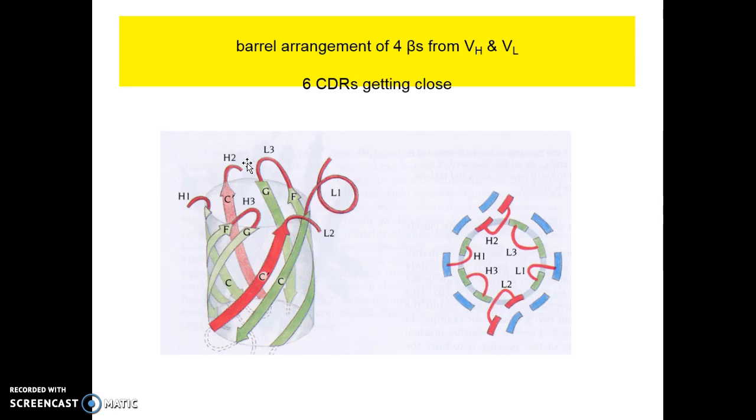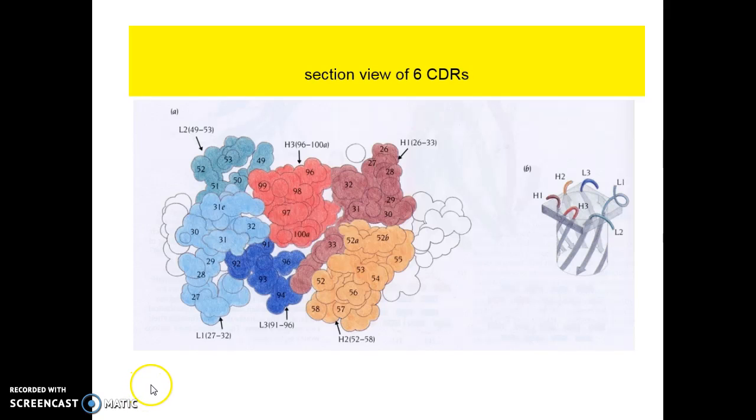Hydrophobic side chains fill the inside of this barrel. Drawing of a space-filling model of the hypervariable regions of an FAB fragment. The superpositions of 5 sections are shown, cut through a model as shown in B. It is clear that all 6 hypervariable regions contribute to the surface shown here.